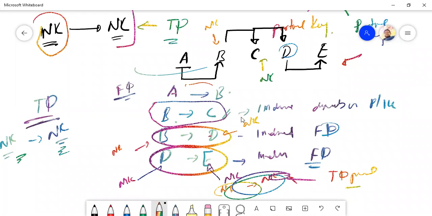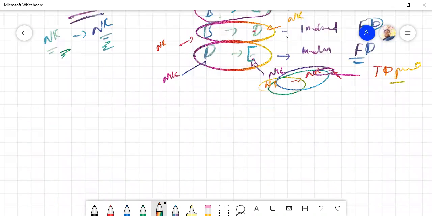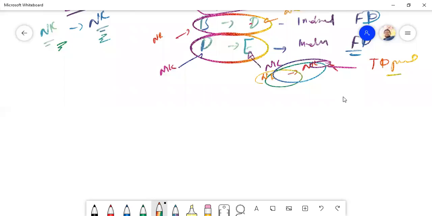So now we learned about functional dependency. The second one is partial dependency. Third one, transitive dependency.